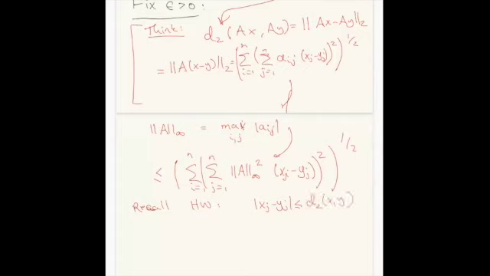So what we then get is the sum over i equals 1 through n, sum over j equals 1 through n, the norm of A squared times the distance. Actually, the square shouldn't be there yet. It will soon be there. Squared, to the 1/2.